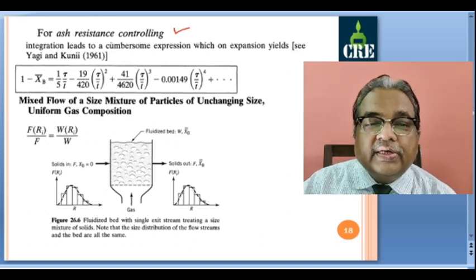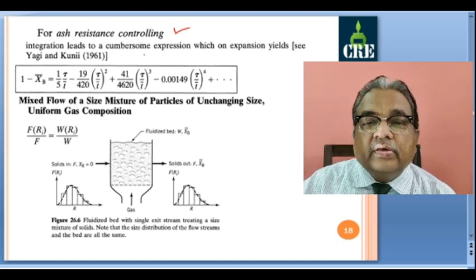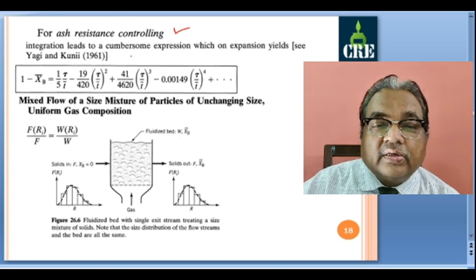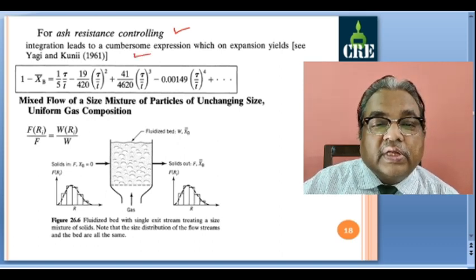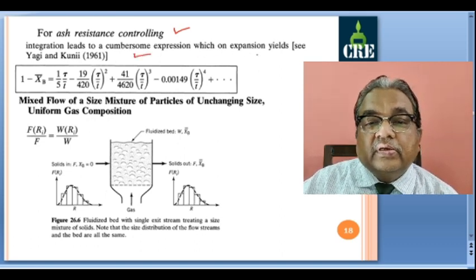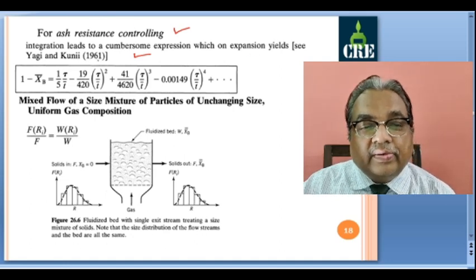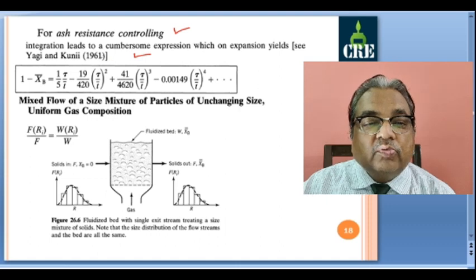So your integration becomes very cumbersome, lengthy, and you will not be able to solve it in a very short amount of time, but still this has been solved and published in a research paper by Yagi and Kunii in 1961.